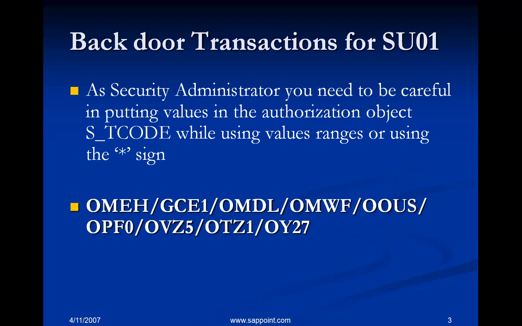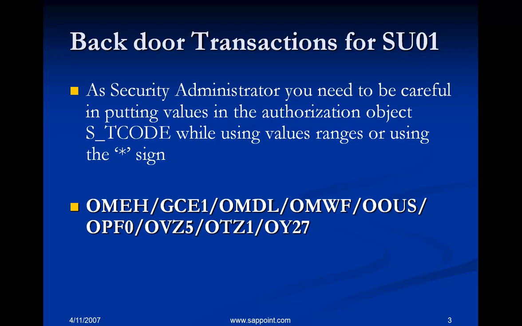Many times what happens is, especially when you are creating a configuration role, a customizing role, many security administrators tend to give ranges. For example, they would say A star to B star, or A star to S star.